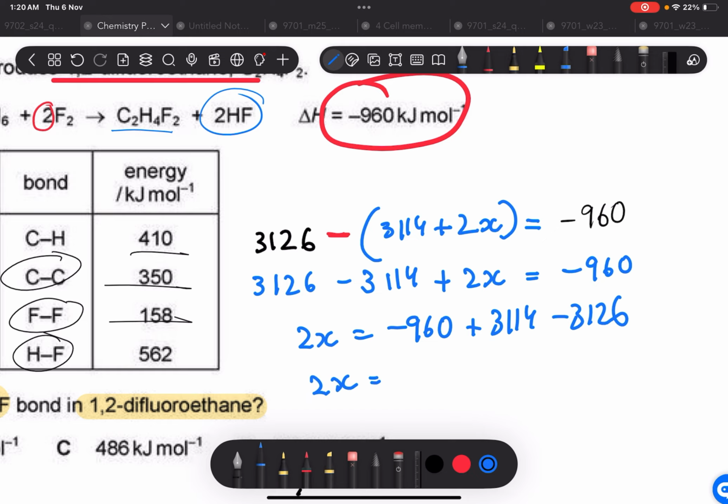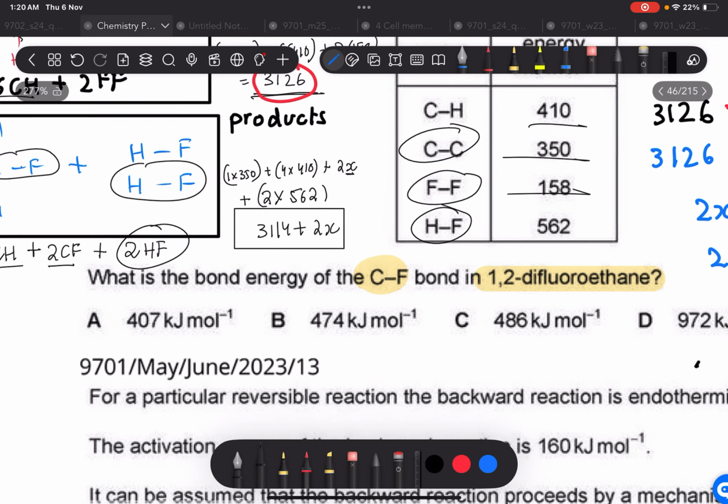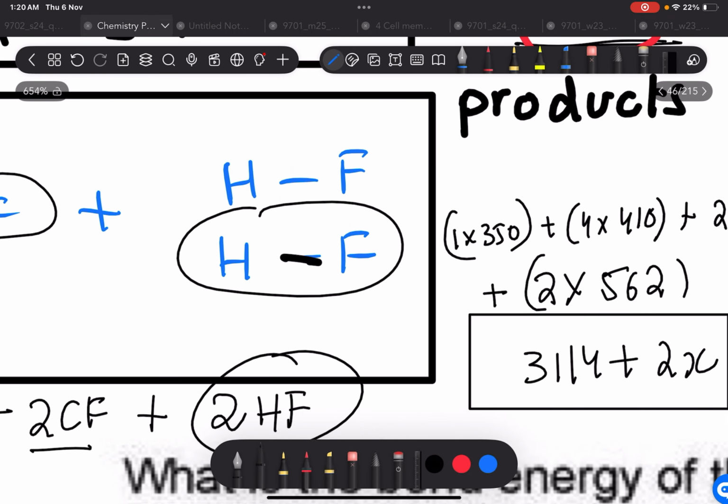Let's see what it comes out to be: negative 960 plus 3114 minus 3126. So it's negative 972. X is equal to negative 972 divided by 2, which comes out to be negative 486. Now the negative sign just tells you that the bond is being formed.